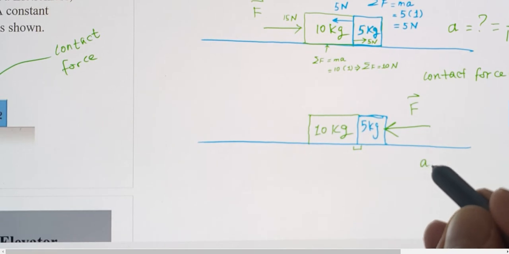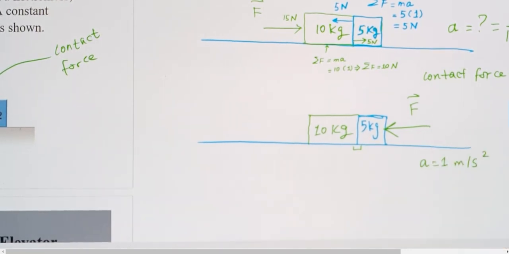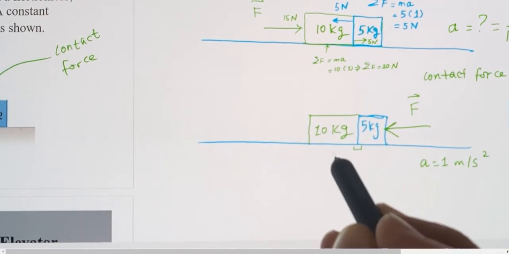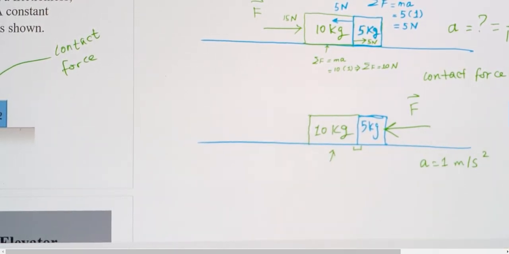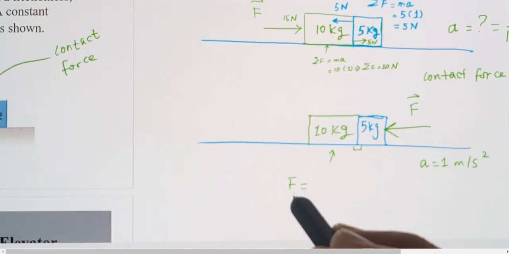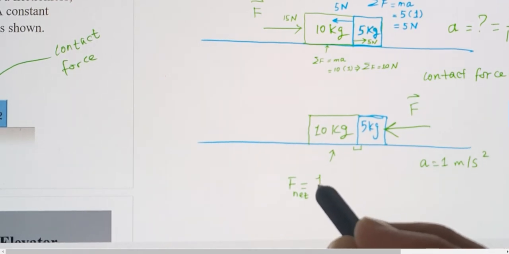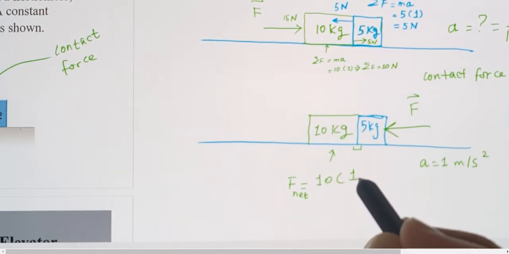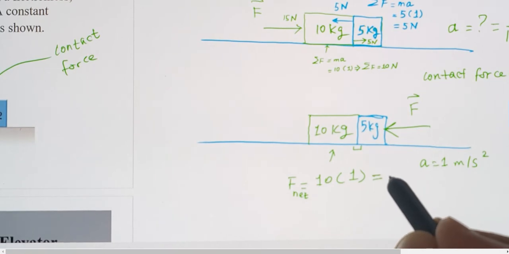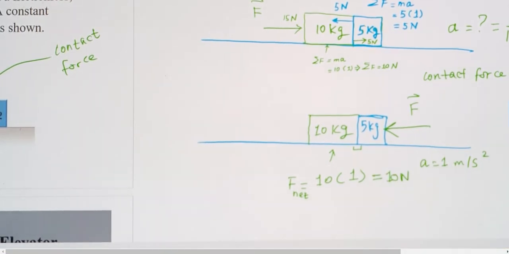We know that acceleration is equal 1 meter per second square. So we apply Newton's law on this mass. F net must equal 10 kilogram multiplied by 1. So it is 10 Newton. It is 10 Newton.